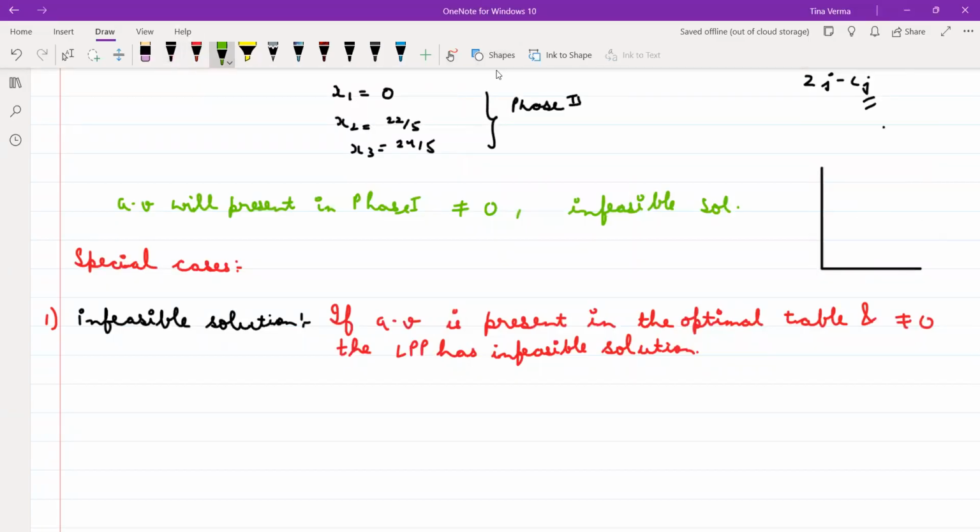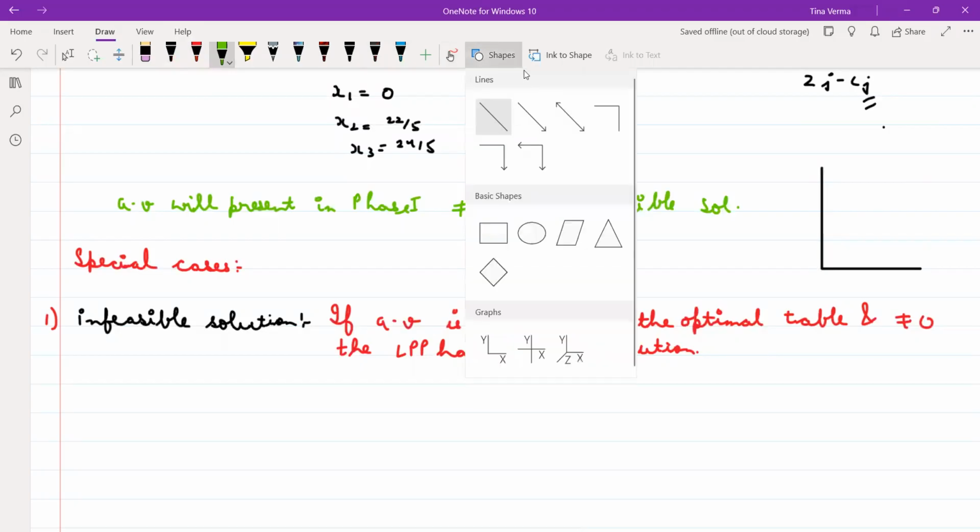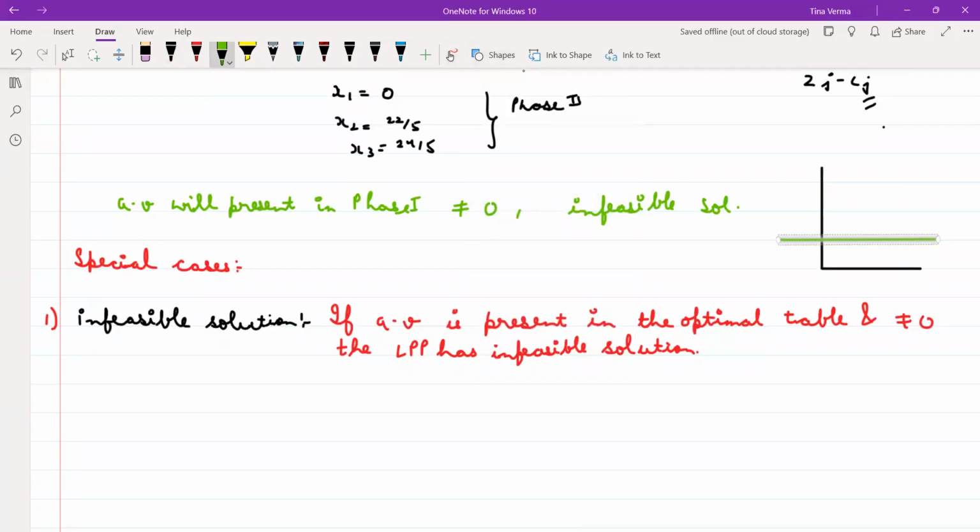Suppose one constraint is going towards down, that this is my feasibility, right? And my other constraint is like this, going upward. So actually this does not have any common region, that means it has no feasible solution.